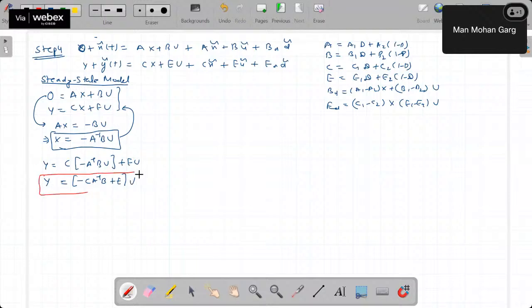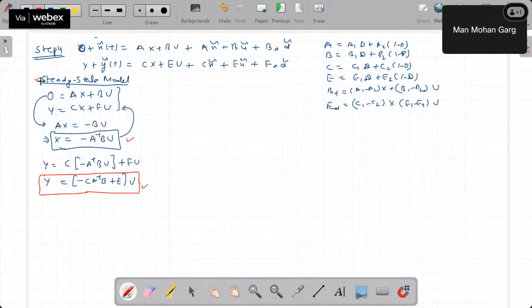This is the output voltage equation. These two equations are very important for getting the DC values directly. If we know A, B, u, we can directly get the DC values, with no need to do other analysis.